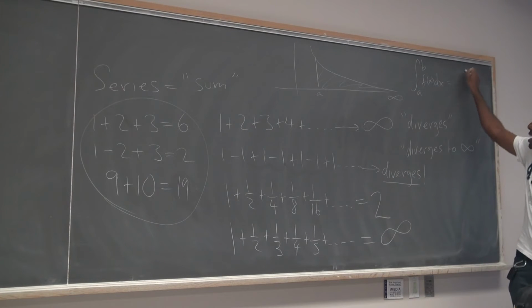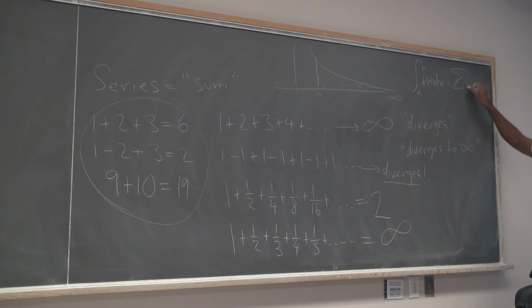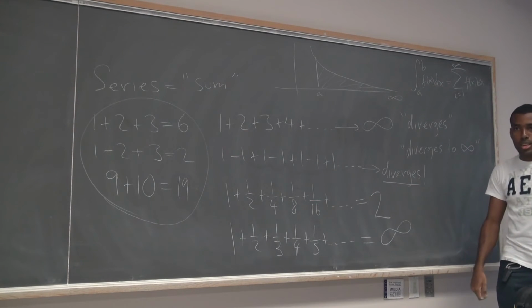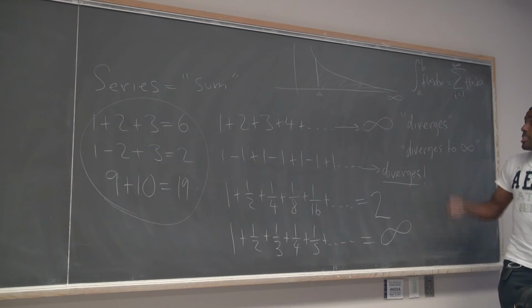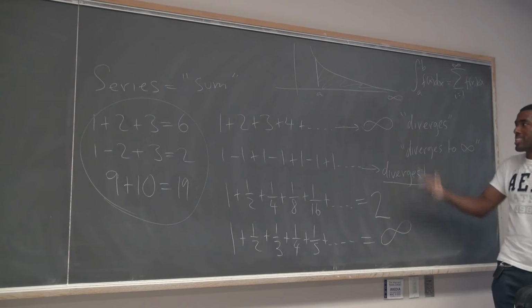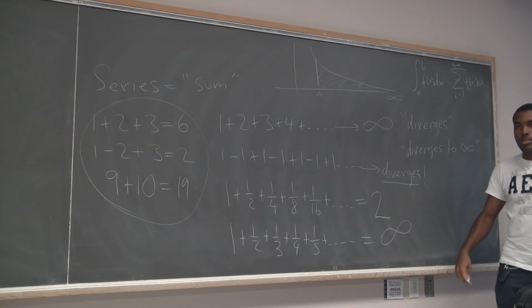Remember, this was actually defined as a Riemann sum: f of x_i times delta x, where your i went from 1 up to infinity. An integral is an infinite sum. When you can integrate something and get a formula for it, it means you can add up an infinite number of things and actually get a number at the end. Now, if your integral doesn't exist, it means your infinite number of things diverges to infinity or doesn't give you an answer.